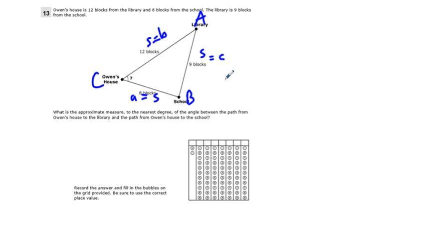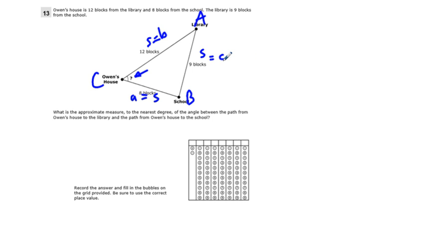So we're trying to find this angle. What's the approximate measure in degrees of the angle between the path from Owen's house to the library and the path from Owen's house to the school? So it's this one right here where the question mark is.